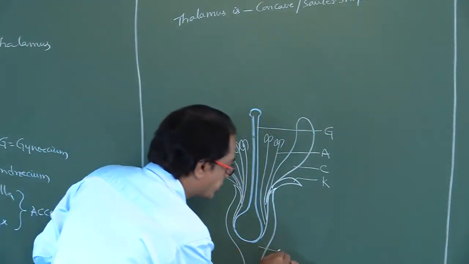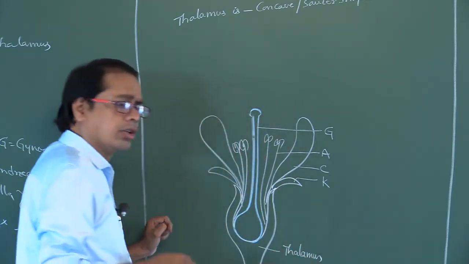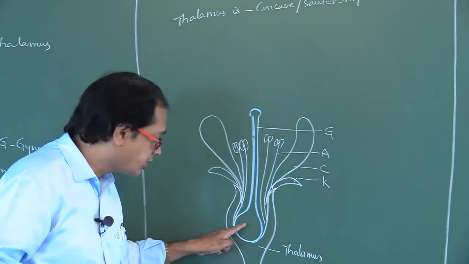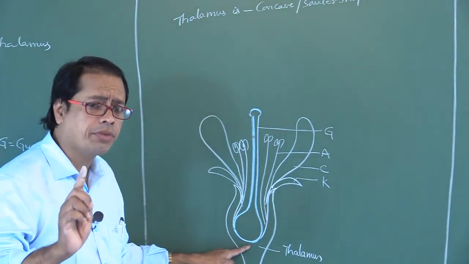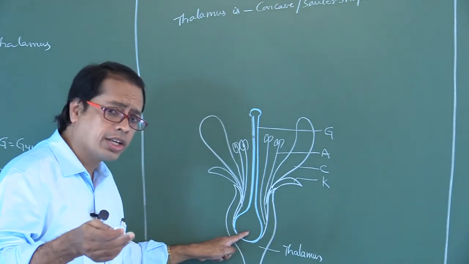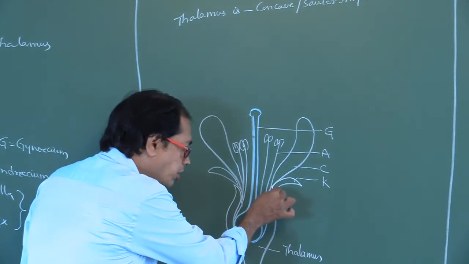So this is thalamus. So where do you find the gynoecium? Gynoecium is present at center of thalamus. And remaining floral parts like calyx, corolla, and androecium are present on the rim of the thalamus.